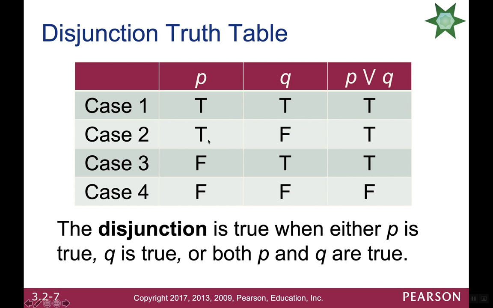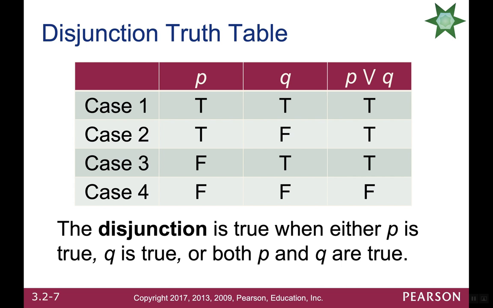On the other hand, if either one is false, so Rose has white hair is false, then it's still P or Q is true. Now again, I remind you that the inclusive OR statement is very much like the union of the two sets.